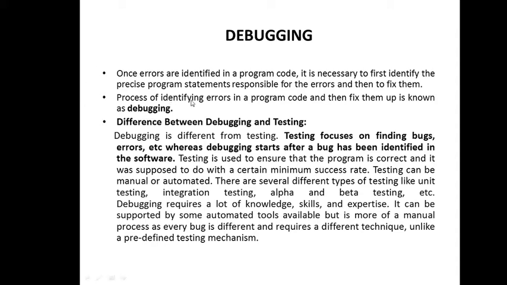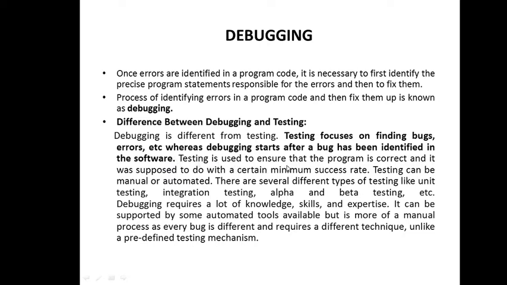The simple process of identifying the error in the program code and then fixing it is known as debugging. So what is the difference between debugging and testing? Testing normally focuses on finding the errors or bugs, while debugging starts after a bug has been identified in the software. Then we go on identifying the exact location and then eliminating it.